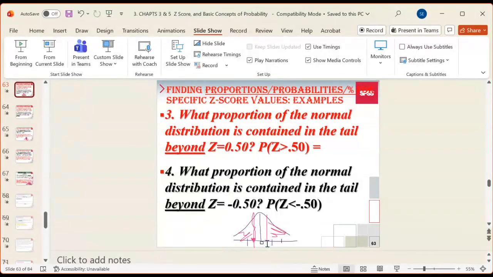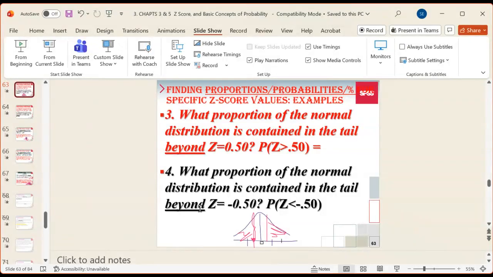This is, again, first thing, you draw your distribution, Z distribution, with a mean of 0, standard deviation of 1. And then this says 0.5 is positive, so the red line on the right, it says beyond. That means we need the area on the right, which is tail.